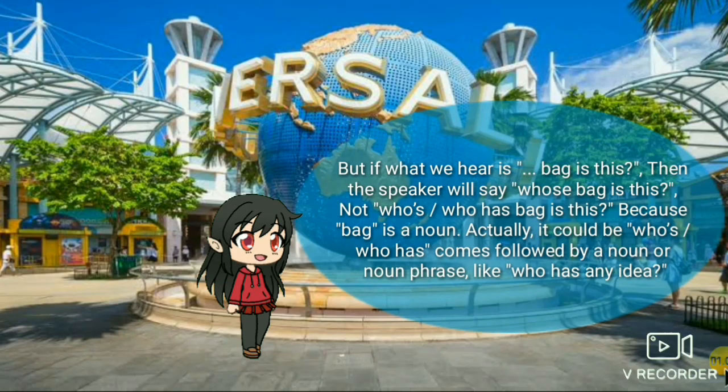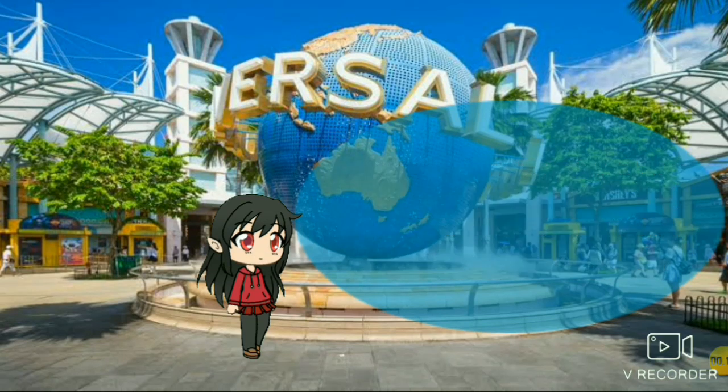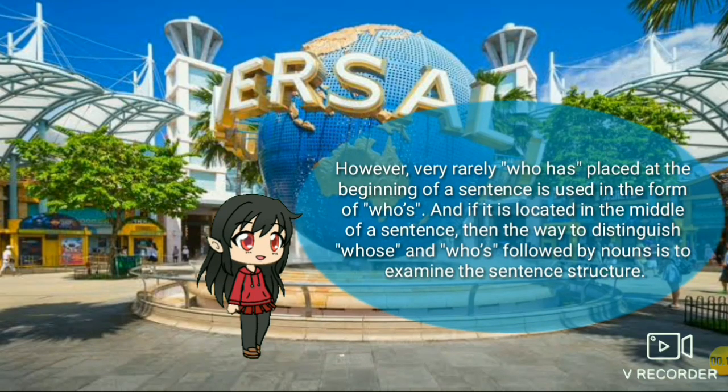Actually, it could be who's, who has, comes followed by a noun or noun phrase, like who has any idea. However, very rarely is who's placed at the beginning of a sentence used in the form of whose. And if it is located in the middle of a sentence, then the way to distinguish whose and who's followed by nouns is to examine the sentence structure.